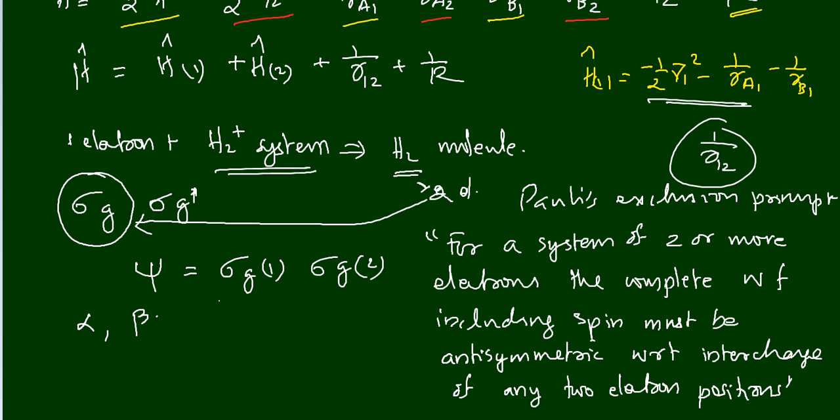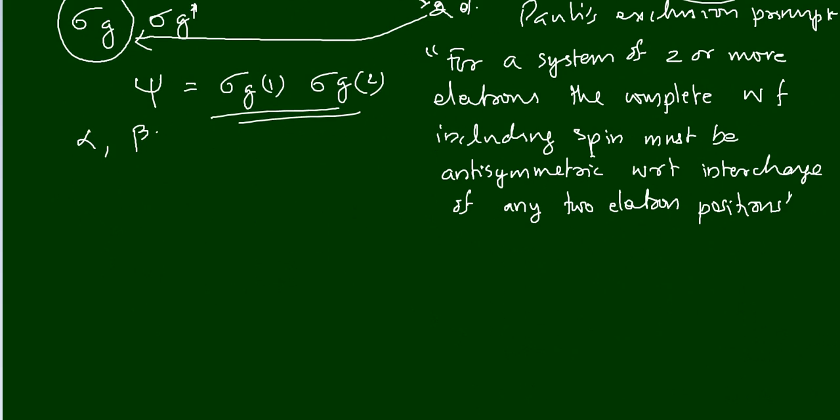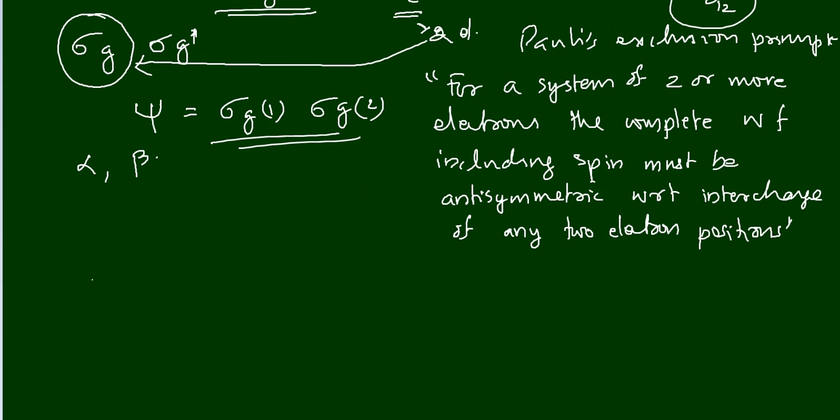So this wave function, what is written here, is an incomplete wave function. The complete wave function must explain the spin state of the system also. So I will write the complete wave function here. Psi is equal to sigma g1 sigma g2.